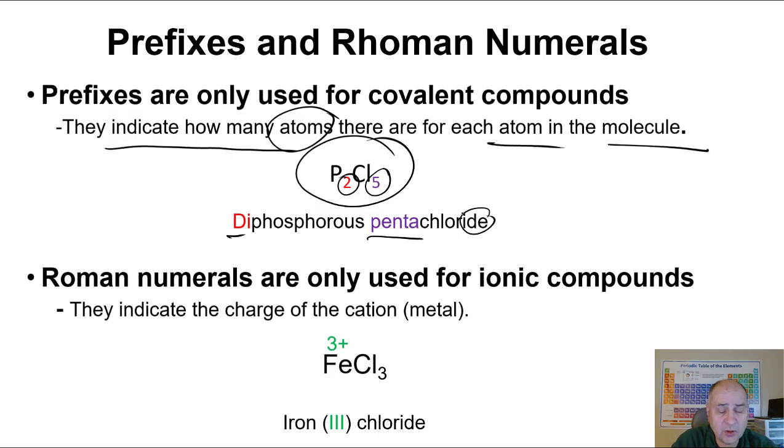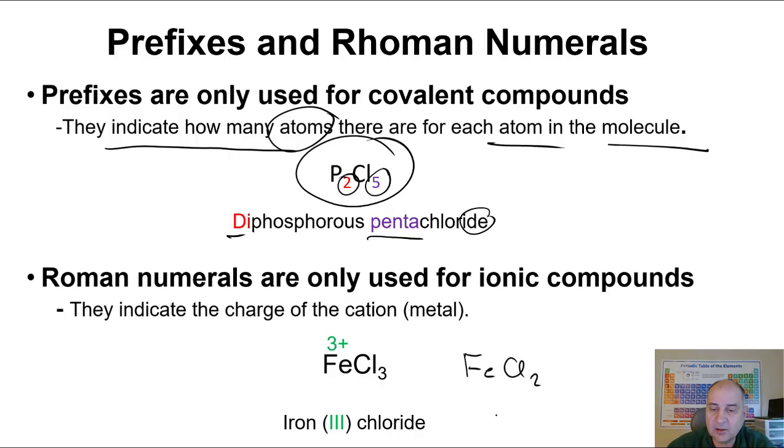The Roman numerals appear when you have a metal that can have different charges, like iron. Iron can lose 2 electrons or 3 electrons. It can be +2 or +3. So they can't both be iron chlorides. The other formula would be FeCl2.